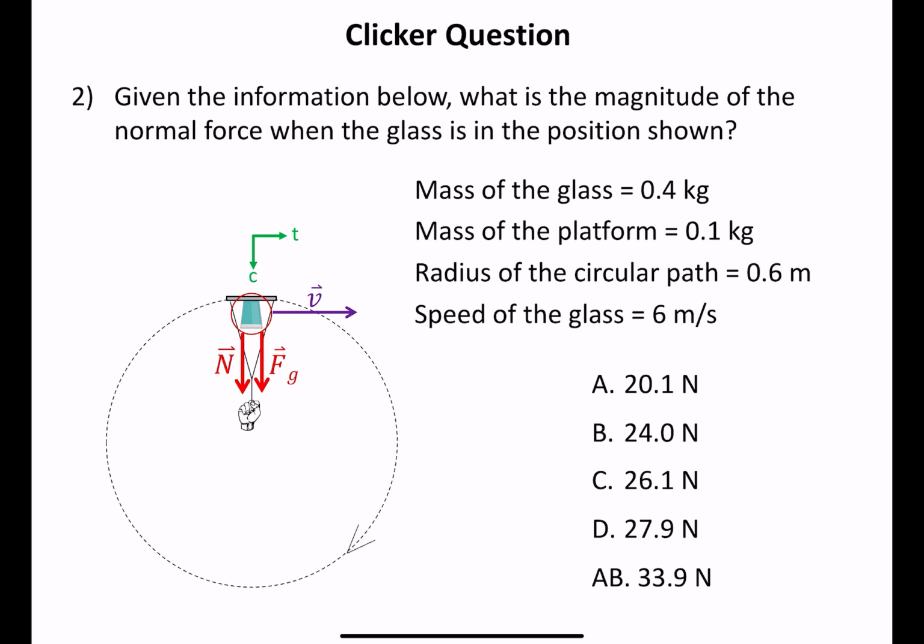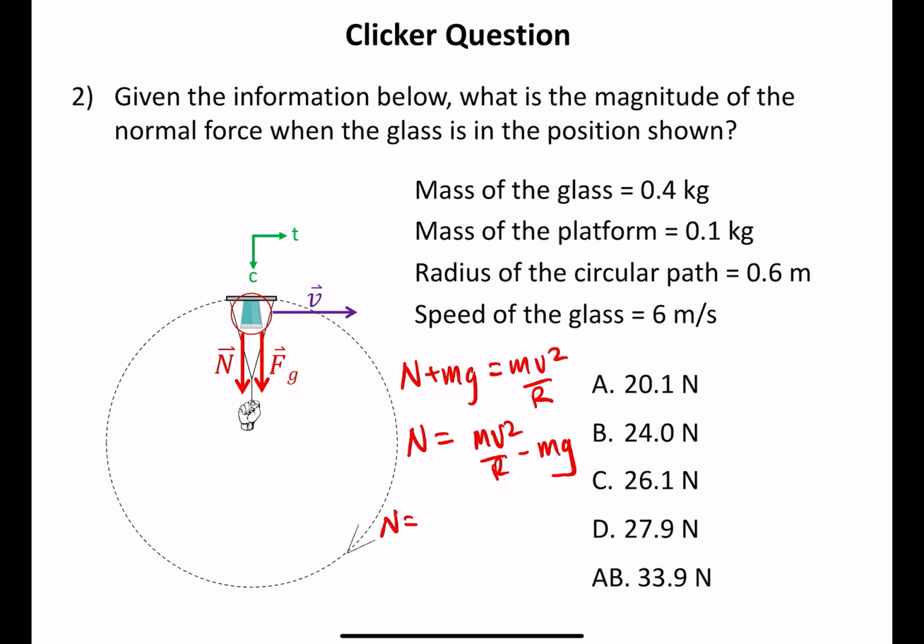So we're going to use our equation from our last video, N plus mg equals mv squared over r. And so then our normal force is going to be mv squared over r minus mg. We can plug in numbers here.